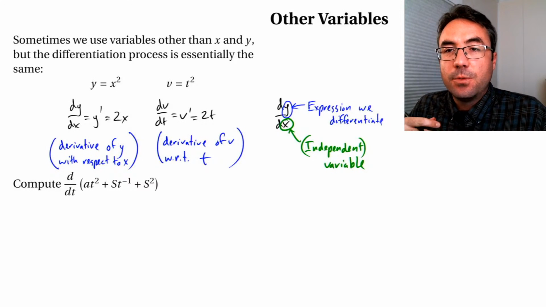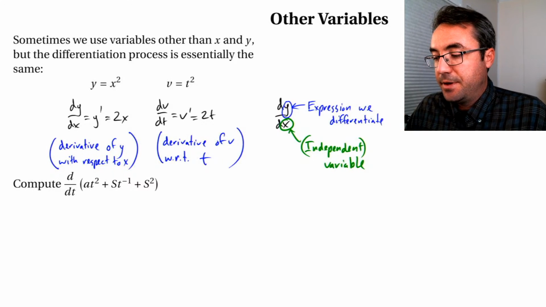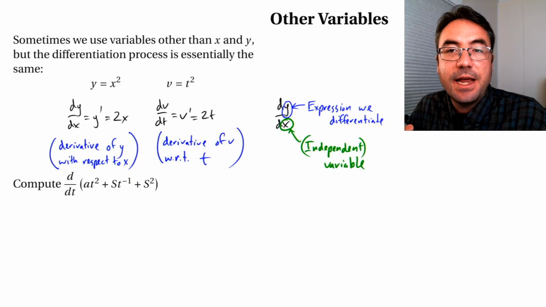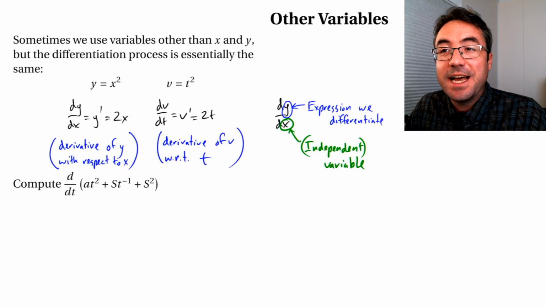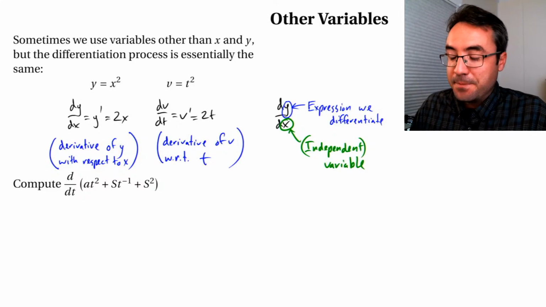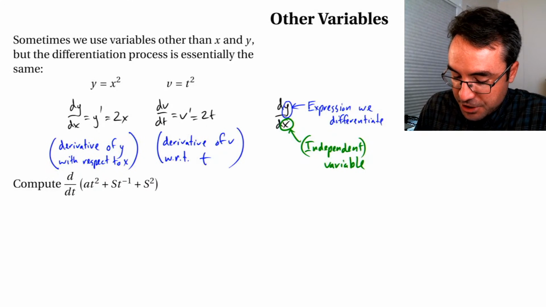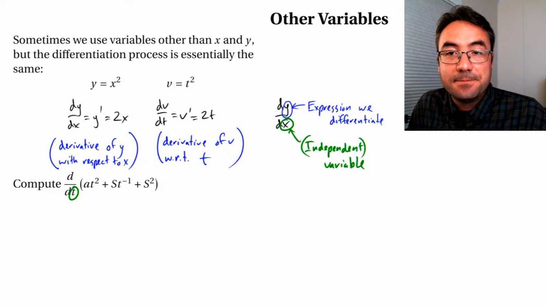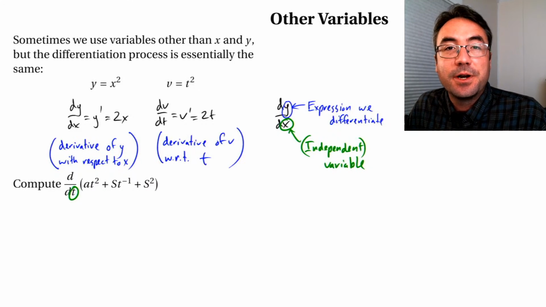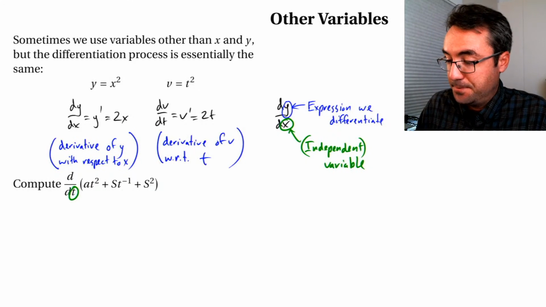All right, so in the example here, we're going to compute the derivative of that function a t squared plus s times t to the minus 1 plus s squared. There's no numbers there. It's all letters. So how do we interpret that? Well, we look to our notation and we see that it's dt. So that's really telling us t is the variable we're going to be differentiating with respect to.